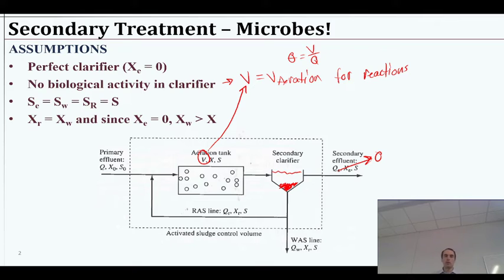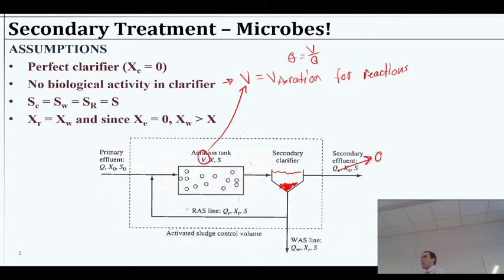That's not true for the X, for the bacterial concentration, because the clarifier, in a way, is acting like a membrane, right? It's separating. It says, okay, X can only go this way and not that way. So X cannot get out of the chamber. It has to go the other way. In fact, a quick aside, there are such things as membrane bioreactors that swap the clarifier step for a membrane, and they keep all the bacteria on the one side of the membrane, and that's the way we control where they go.